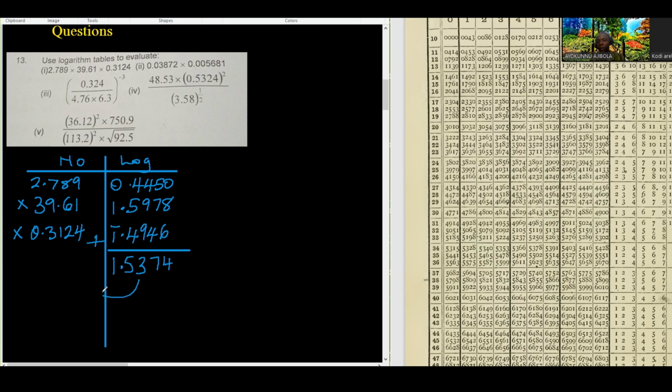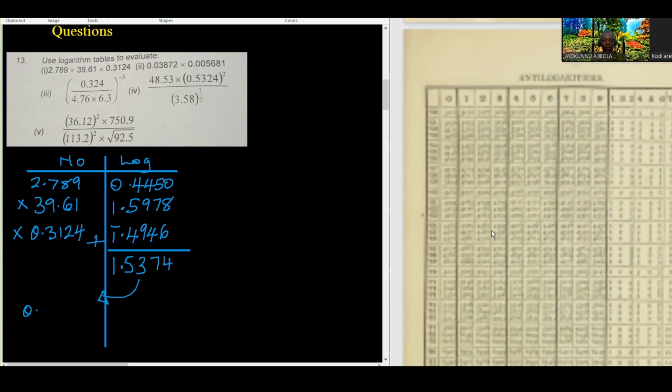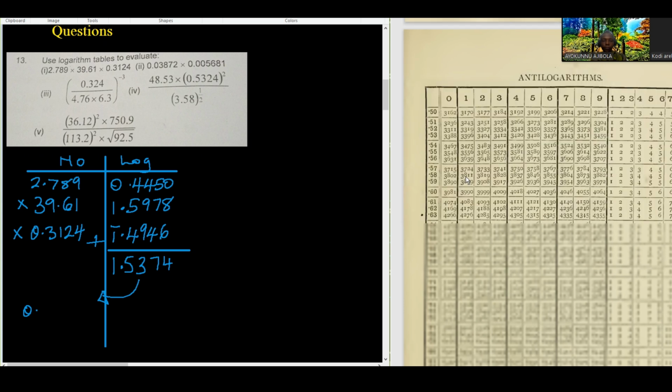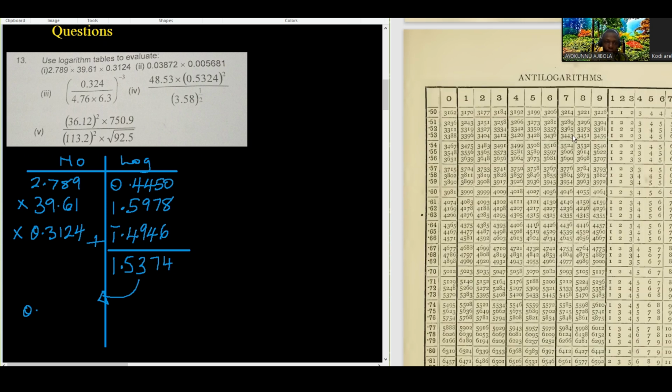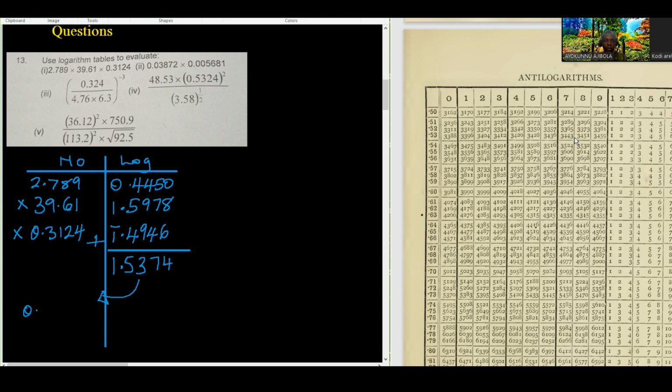Then I will check under antilog. That will give me 0 point whatever I'm bringing there. So that's 53 under 7, difference 4 from the antilog. So 53 is here. Under 7 is 3443. Difference 4 is 3. That'll be 3, 4, 4, 6.